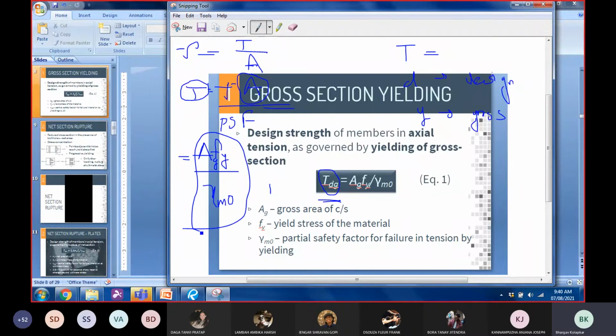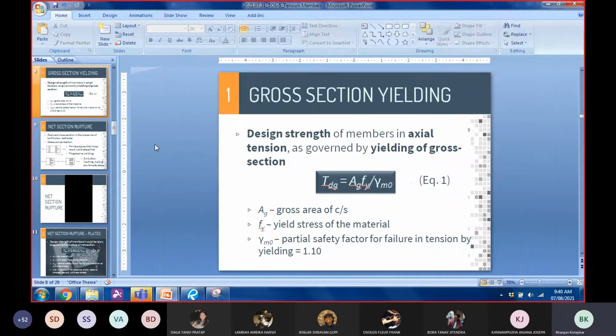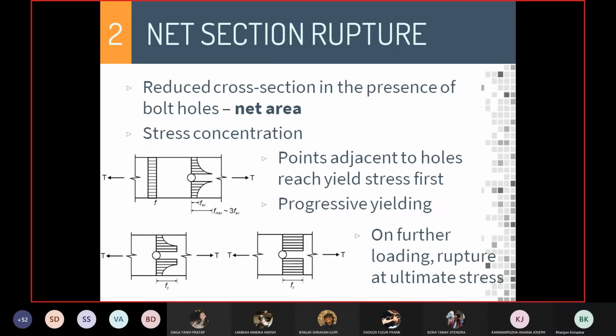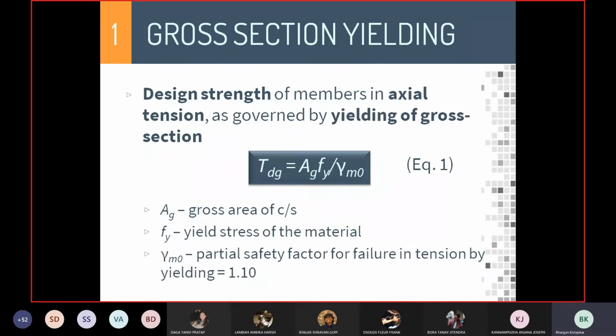If you have this at the back of your mind, you will always be able to arrive at this, even if you don't exactly remember what it is. Okay, now here it's very easy, it's very straightforward, but you will see that as we go on, the length of these formulas are going to increase. So just a heads up for that. Now the next type of failure, before that, any questions up to here?